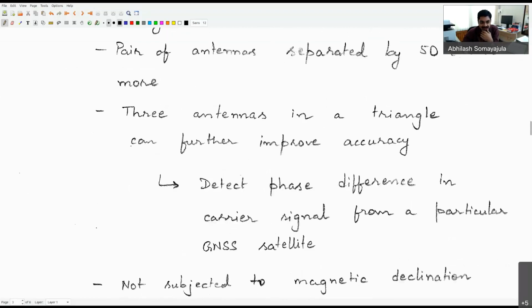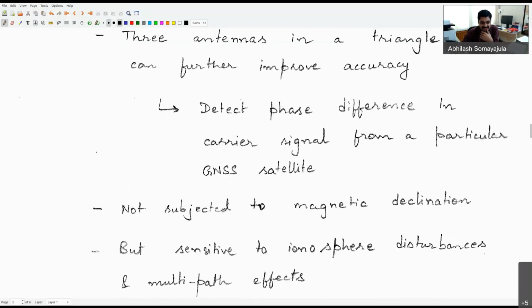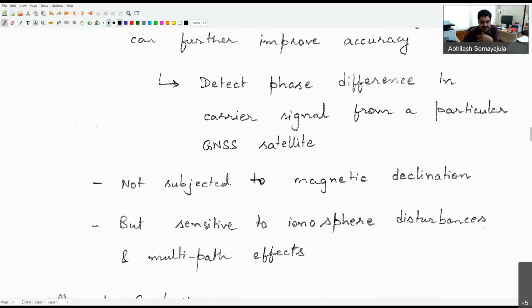Okay, one of the advantages of having this GNSS heading is that it is not subjected to magnetic interference. One of the main challenges when we are putting this magnetic compass on board is that whenever we have any ferromagnetic materials near it, its performance will not be as good, right?